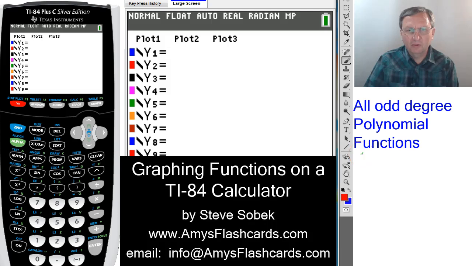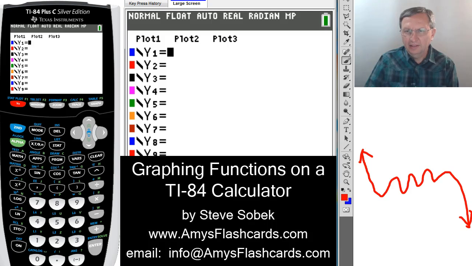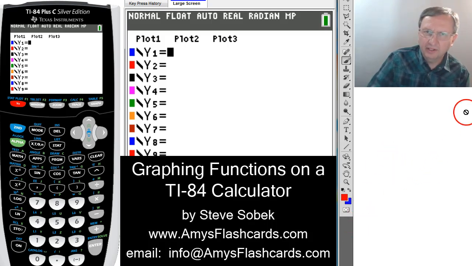If extremely small values of x produce very high values for y, then regardless of what all happens in between, eventually it's going to shoot downward. If it shoots upward at the beginning, then it's going to shoot downward at the end. If it starts very low, then of course it's going to end very high.